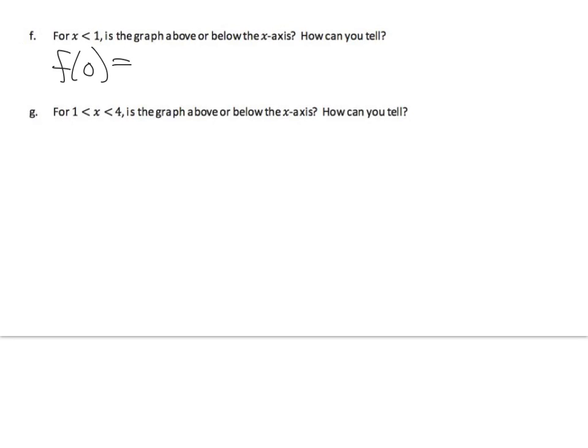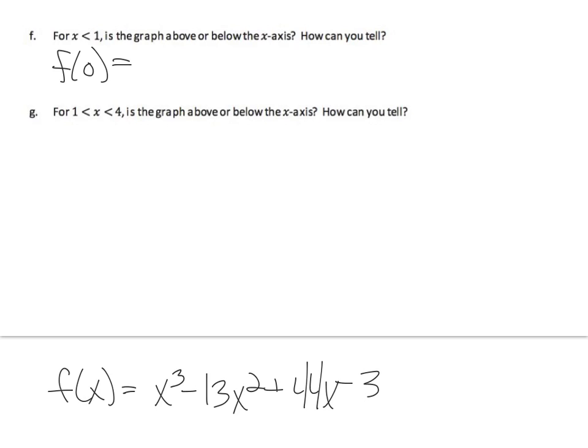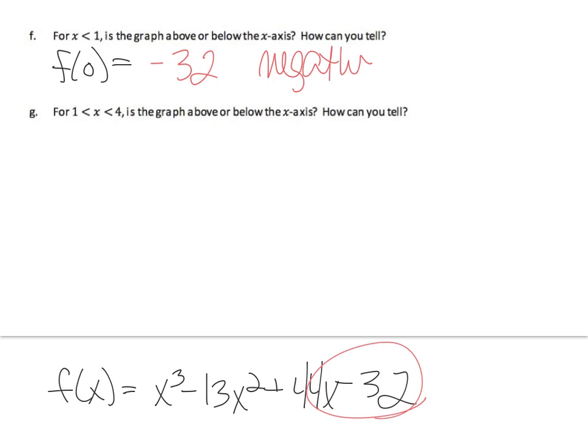If we do that to our original function, f of x equals x cubed minus 13x squared plus 44x minus 32, then f of 0 is negative 32. Okay, that's how we can tell. So we're negative. The graph is below the x-axis for x less than 1.